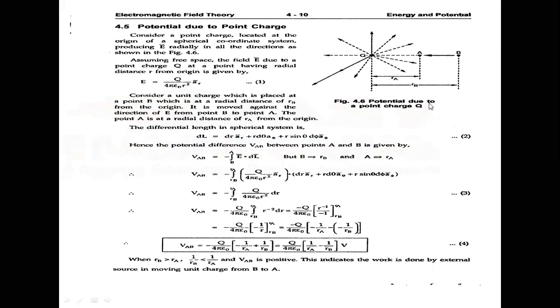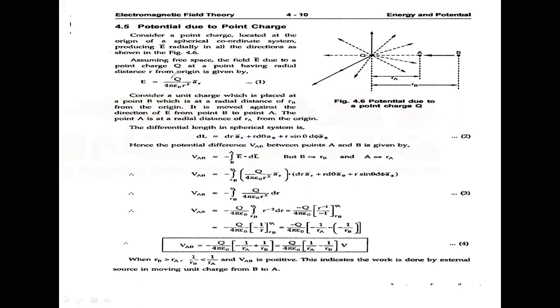In this space, consider a point charge located at the origin of the spherical coordinate system producing E bar radially in all directions, as shown in the figure. Assume free space. The electric field due to a point charge Q at a point having radial distance R from the origin is given by the formula we already know.